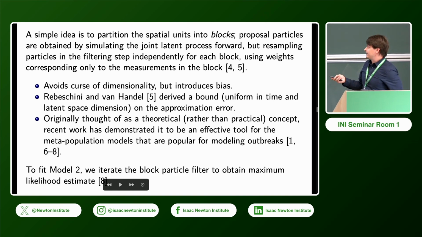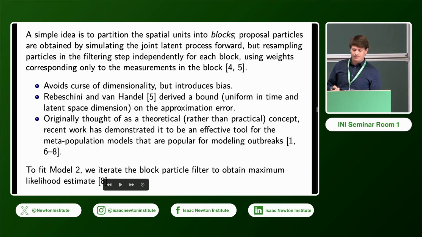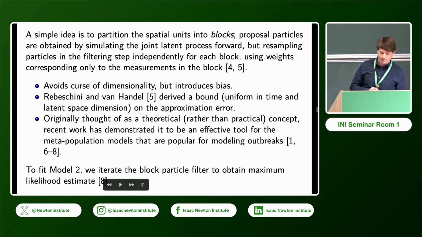So in fact, it does do this, but it does introduce some small amount of bias. Rebeschini and Van Handel derived a bound that's uniform in both time and latent space dimension on this bias and the variance. And in their paper, when they're talking about some of the theoretical properties of this, they actually mention that it's primarily a theoretical concept rather than practical.